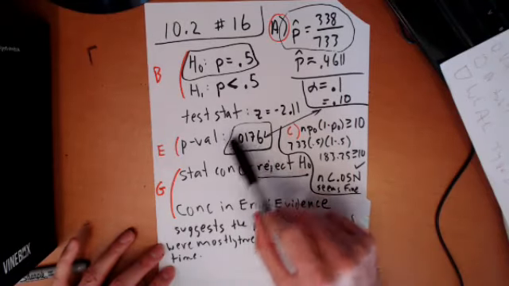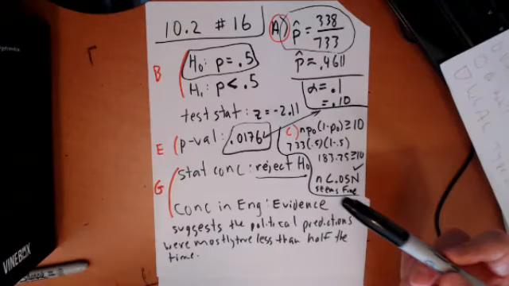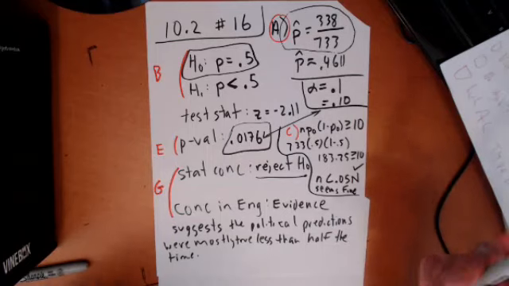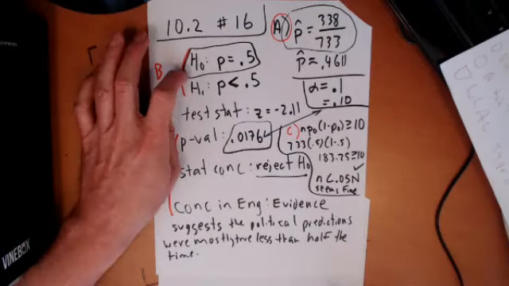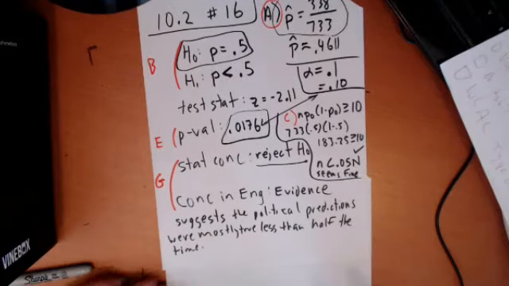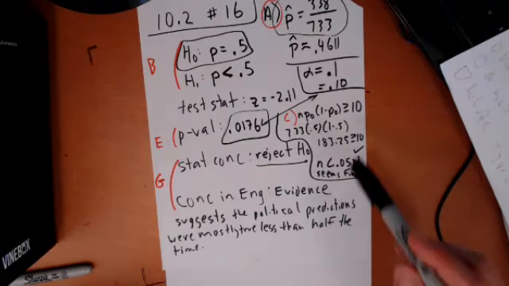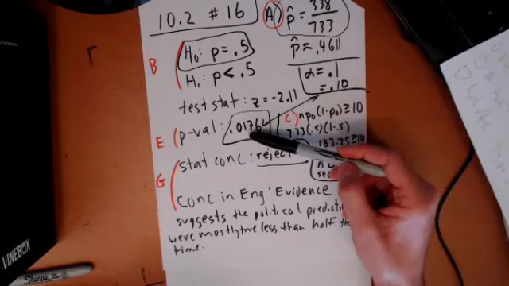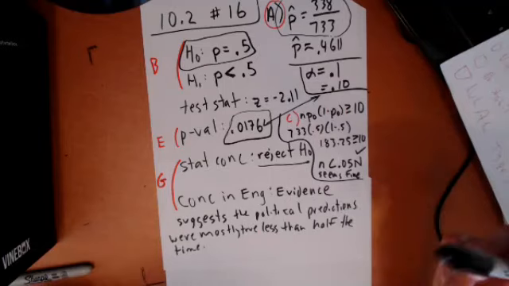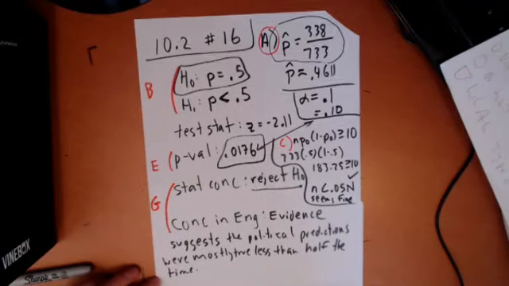And they'd say, oh, so 1.76, about 2 times it would happen. And then you would say, oh, 2 times out of 100, that's not a lot. That seems kind of weird. I should probably reject the null. Okay, so if you look at your answer for 15F, that's kind of what they did, was they multiplied this value by 100. So rather than just thinking of it as a probability, they sort of over-explained what a probability was.